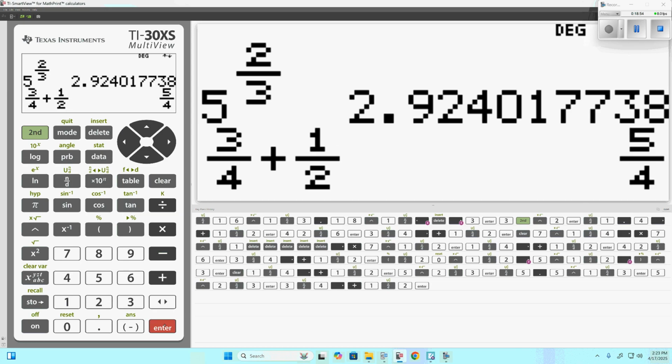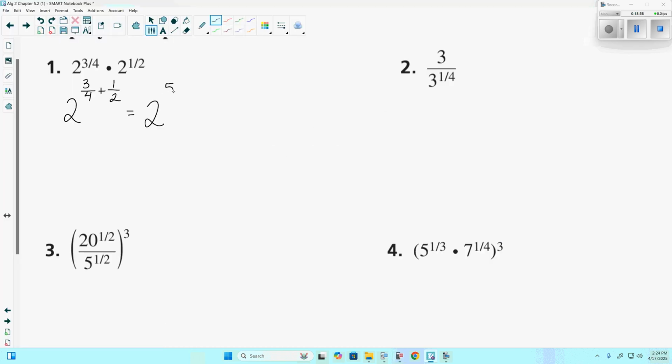Really, if we're doing this here, we'd set the denominators of our fractions in the exponent to both have a denominator of 4, and then add those two together to give us 2 to the 5/4.